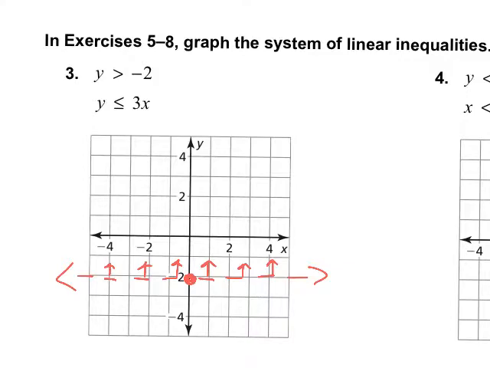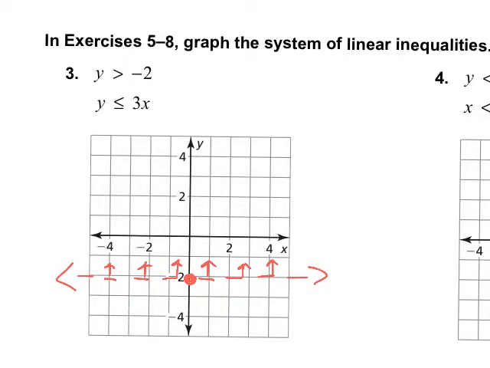That's telling me eventually when I do shade, I'm going to be shading above that line. Because remember, I'm looking to shade the part of the graph that satisfies both of these inequalities. So right now, I'm only looking at this part of the graph. I'm not looking below that line for solutions because I know nothing down here is a solution.